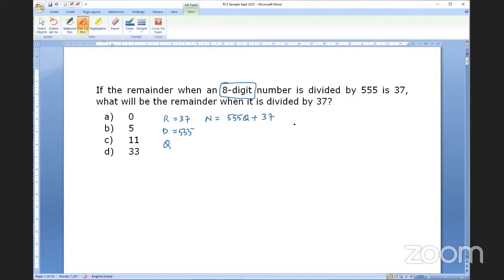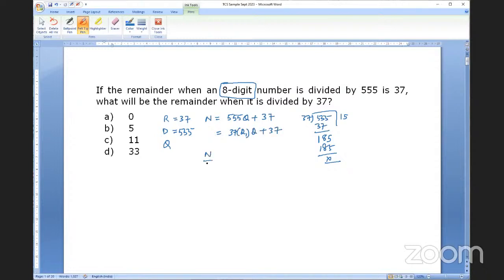Now, first we need to check whether this 555 is divisible by 37 or not. It will go once, 37, 185, and 37 into 5 is 185. That means 555 itself is a multiple of 37. That means n can be written as 37 into q plus 37.